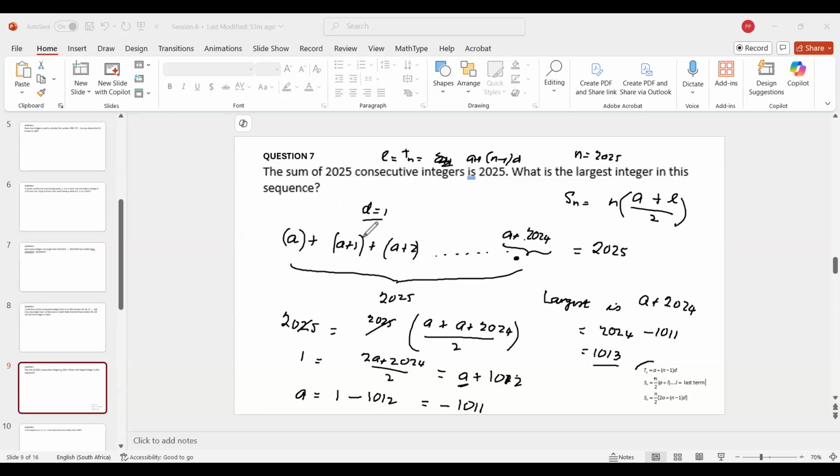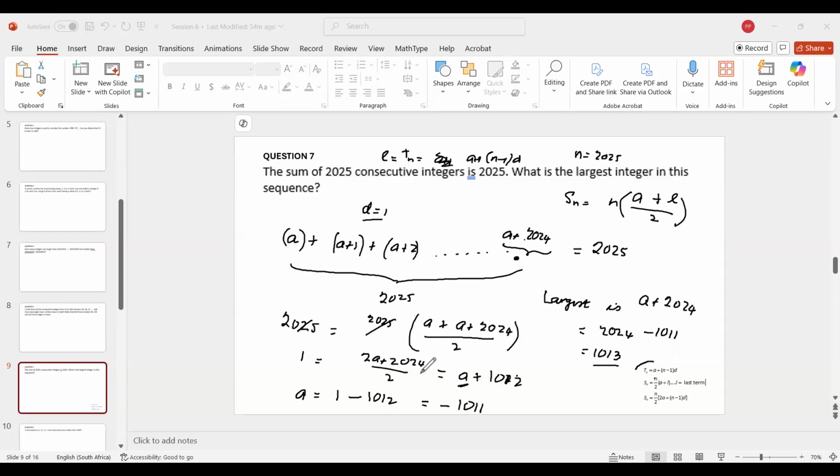So we use the formula here. First, we have to observe that it's an arithmetic sequence because you're adding the same number throughout. Then we can work out the last term. There's a formula, which is A plus (n minus 1)d. And once I calculate the last term, then I can calculate the sum, because the formula for the sum is n over 2, n times the average of the first and the last.